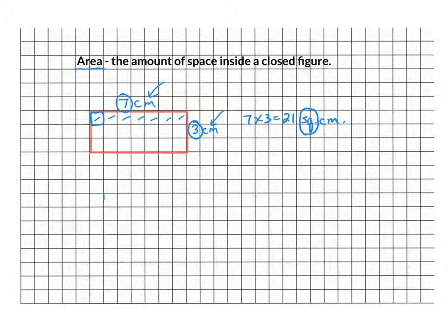It might not have the greatest straight sides, but if I draw a square that's going to be 3 centimeters by 3 centimeters, I know that's a square. So for this one, I'm just going to multiply 3 times 3. I will have a final answer of 9 square centimeters for the area of that square.